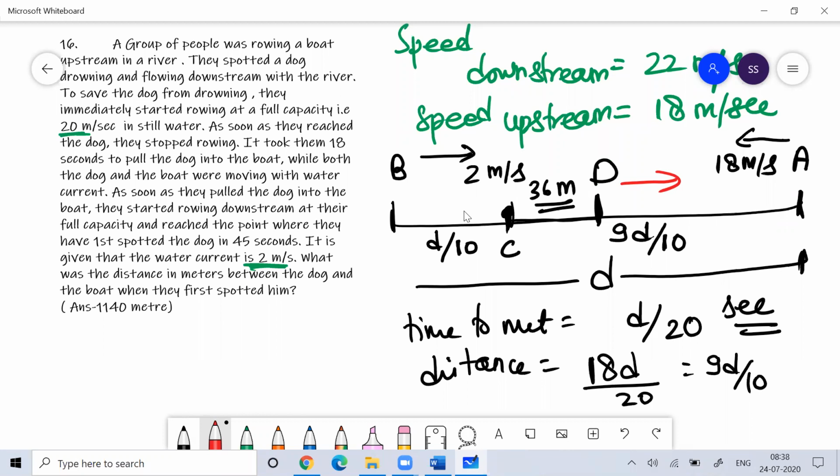Their speed would be 22 meters per second. It took them 45 seconds to reach here. So 45 into 22 means 990 meters. So this is 990. This is 36.